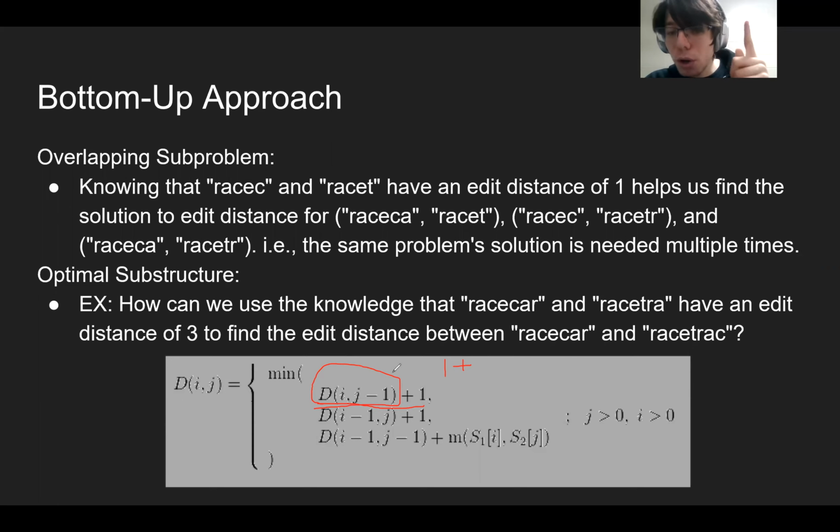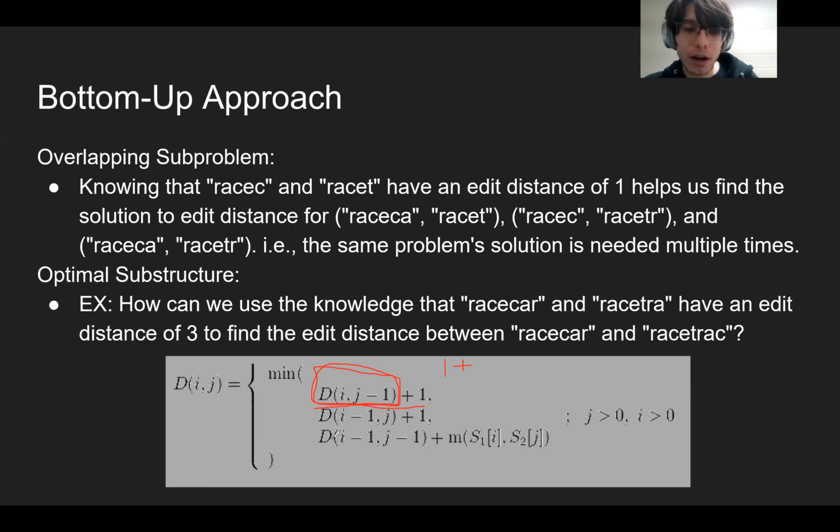So it's 1 plus however many changes it took for us to get to here, which was the previous spot, like the spot we're at in our current word and the spot one before, and then we have to make one more change. So it's how many changes we have to get to before, and then one for the next edit.